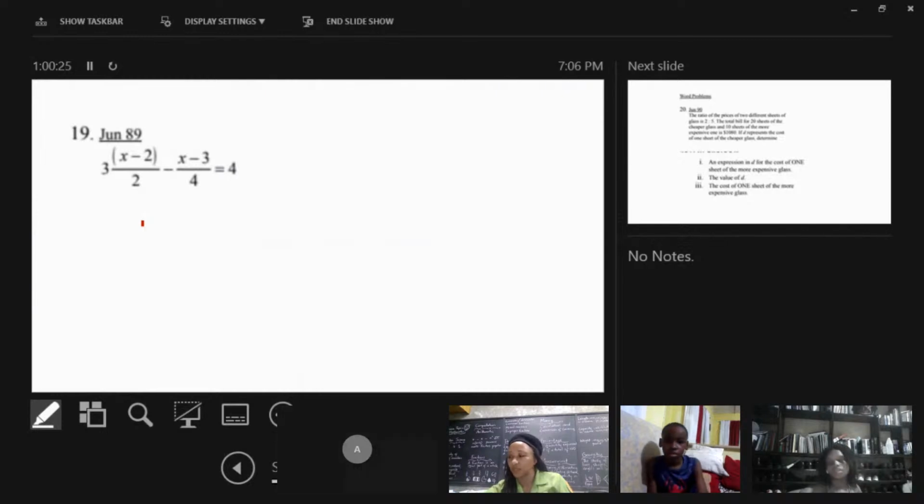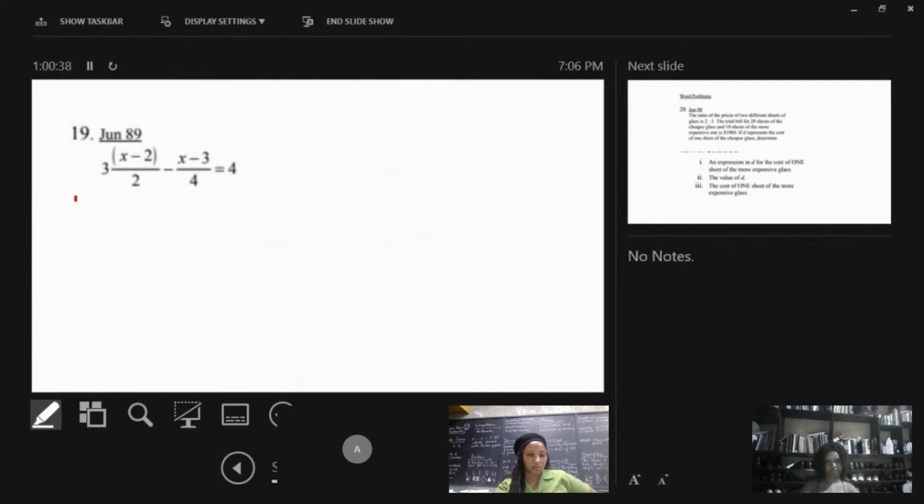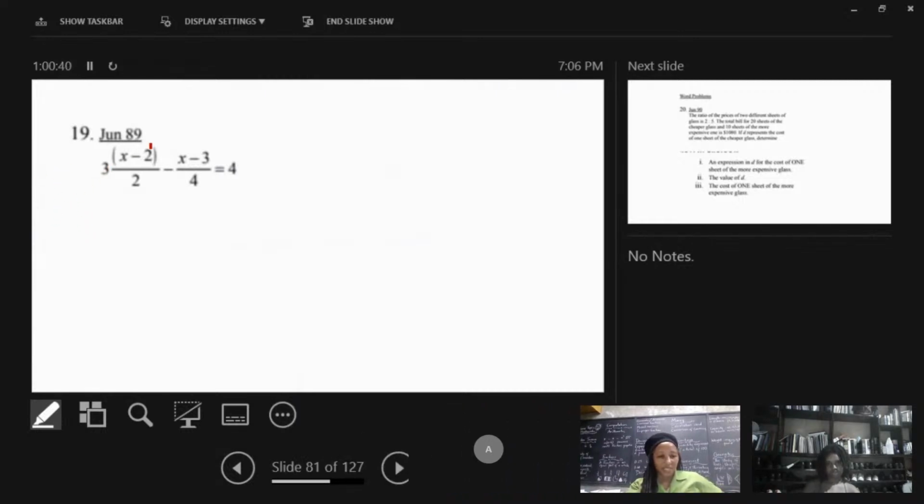Okay, miss. Number 19. We're going to do the same thing. We're going to put 4 over 1 and then find the common denominator. Wait, I suggest that you expand this first. Okay, miss. So you're multiplying by 3.